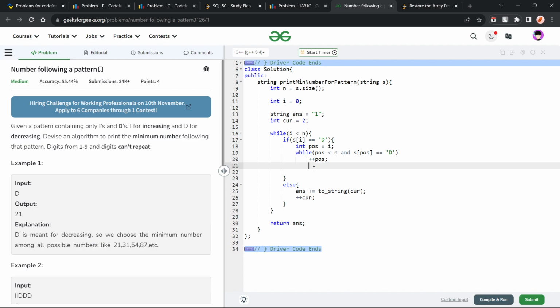Right? So here what I can do is I'm just trying to count.